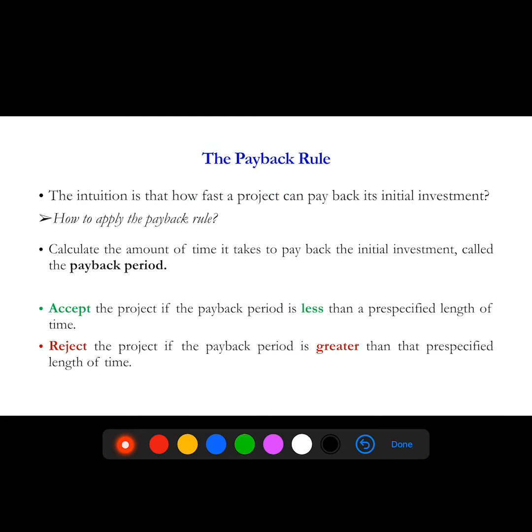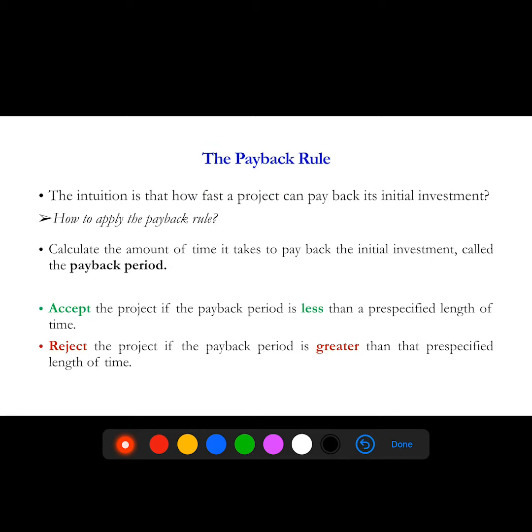We want to know how many years it will take for the project to pay us back. In other words, the payback rule says we should only accept a project if its cash flows pay back its initial investment within a pre-specified period of time. Okay.